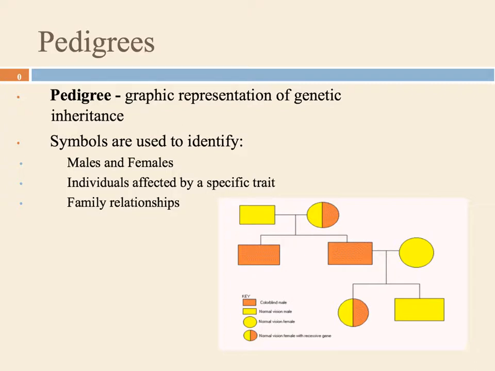And it used to be, if it was shaded in, then that meant that the individual showed the recessive trait, and if it was not shaded in, the individual showed the dominant trait. But over the years, some people have swapped that. But it doesn't matter, because no matter what, they're always going to give you a key, as you see here. And the new version that you see that is half shaded like this, that would indicate that the individual would be heterozygous for that trait. They know that they are heterozygous. So pedigrees, again, a picture representation of how traits are passed down from one generation to the next.